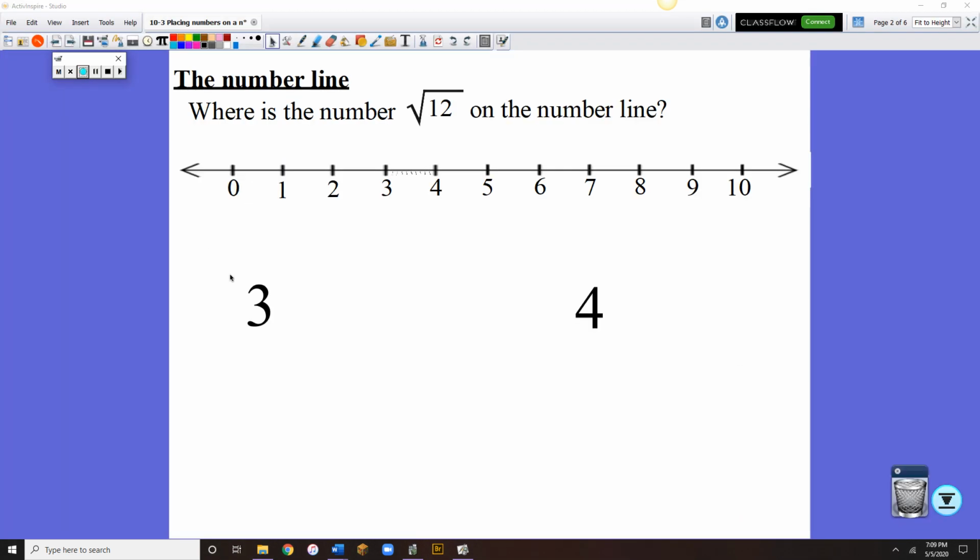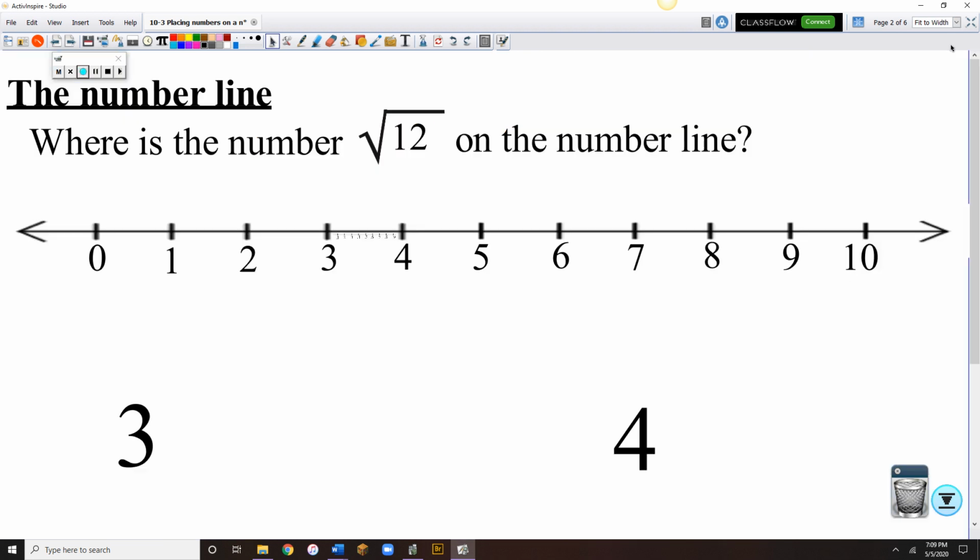But to have an idea of where it should go, we should know that it's somewhere between 3 and 4. And it's at about 3.46, so just under halfway.